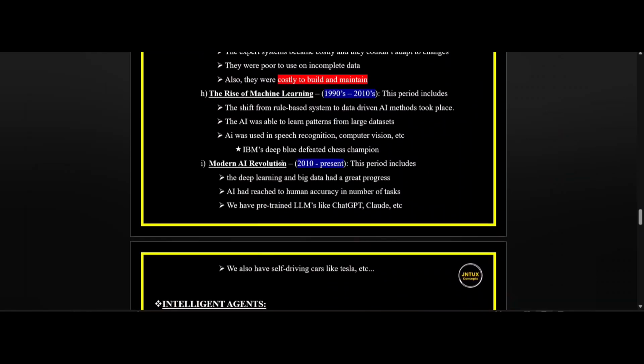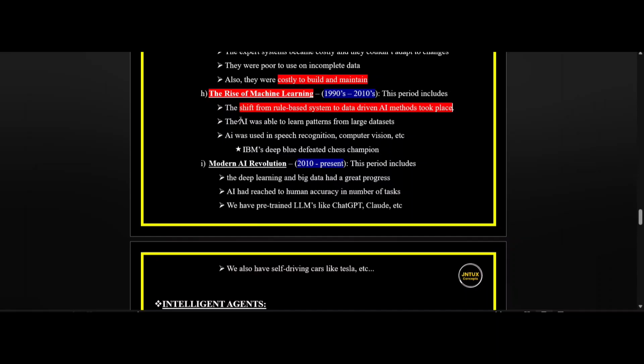The next one is the rise of machine learning. Machine learning is nothing but the more statistical and mathematical side of artificial intelligence. It is an extension of artificial intelligence. This period lasted from the 1990s to the 2010s. It involved several milestones, like the shift from rule-based systems to data-driven methods. Early AI was built on rule-based systems, but as machine learning came into the limelight, it brought the data-driven approach.